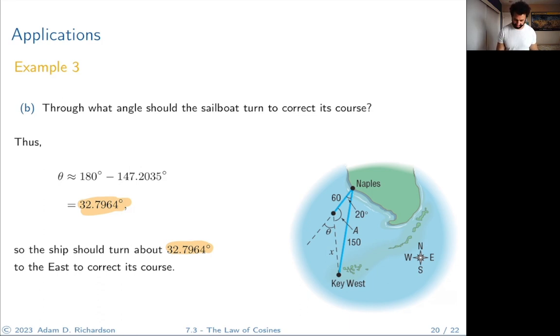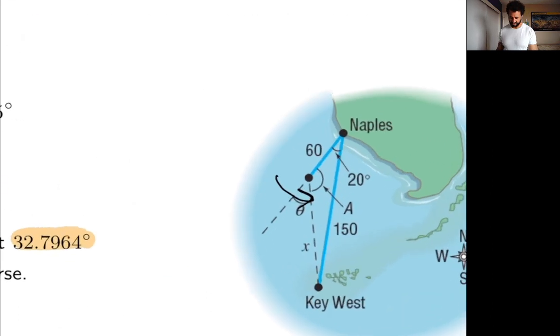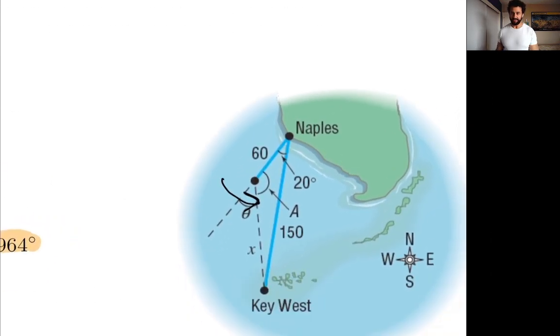We turn the boat that way, and then sail straight from this point to Key West. There we go. Now we can make it, right? We're not just going to keep sailing out into the middle of the ocean.